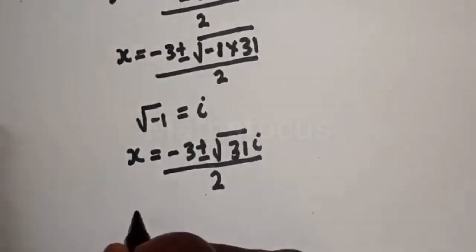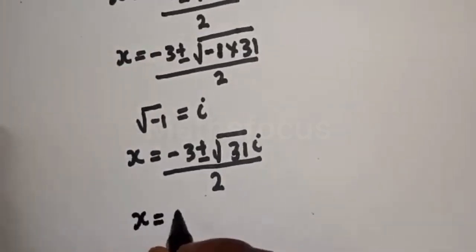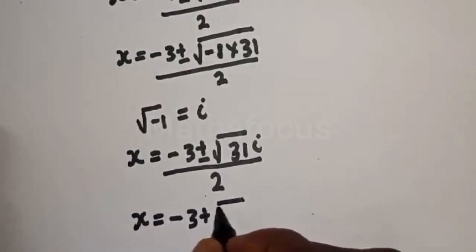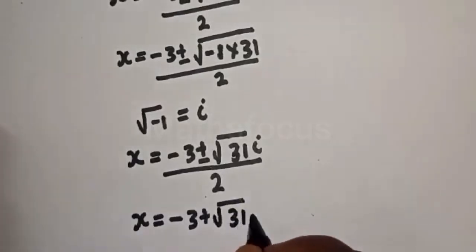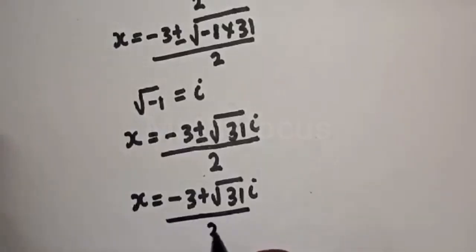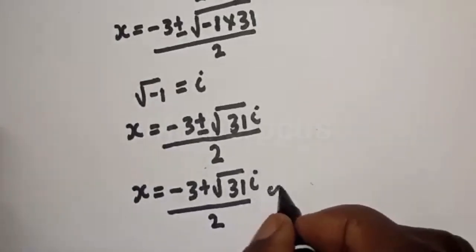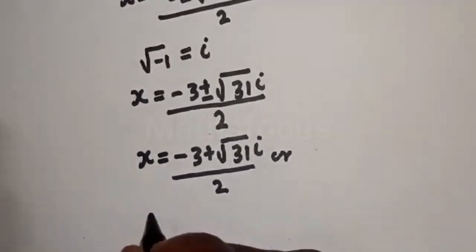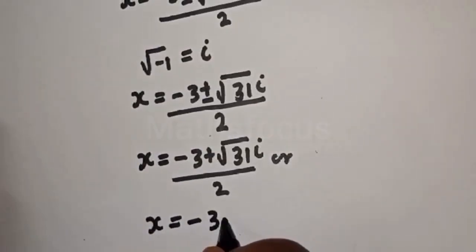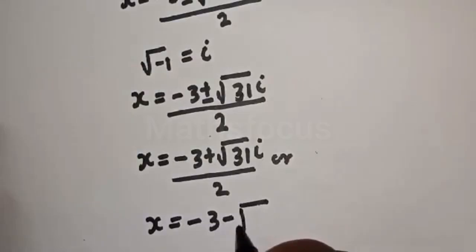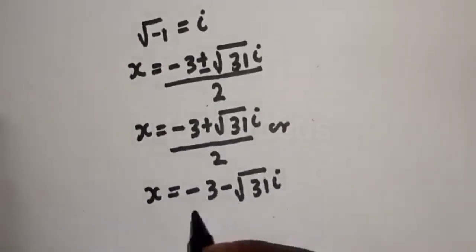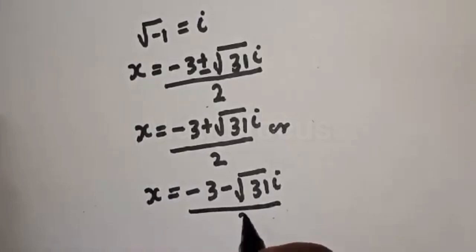So s is equal to minus 3 plus square root of 31i over 2, or s is equal to minus 3 minus square root of 31i over 2.